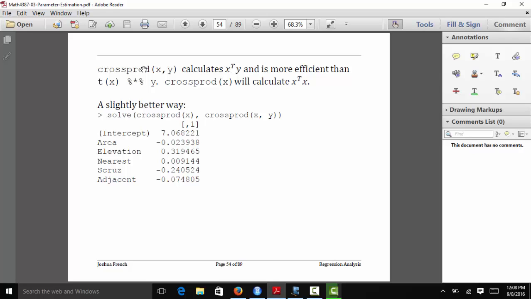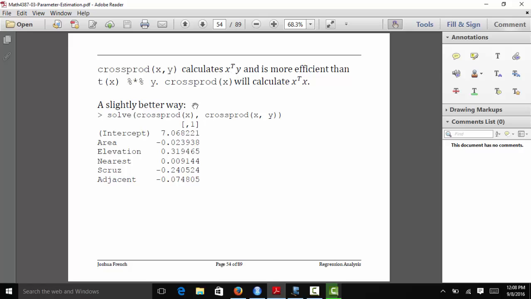And that function is the crossprod function. So crossprod(x, y) calculates x transpose y, and that's actually a better way of computing x transpose y, for example. And as just sort of a shortcut here, we also want x transpose x, but if you just give it a single argument, then it just assumes you want x transpose of the argument itself, which means that if we want x transpose x, we can just do crossprod(x).